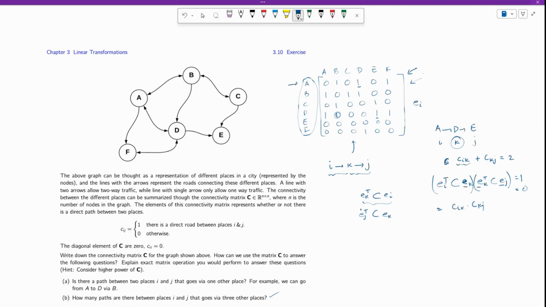What if I ask you, I don't care about K? Tell me if there is a path from I to j via one more intermediate node. Then what would you do? When you add, this is when you multiply.